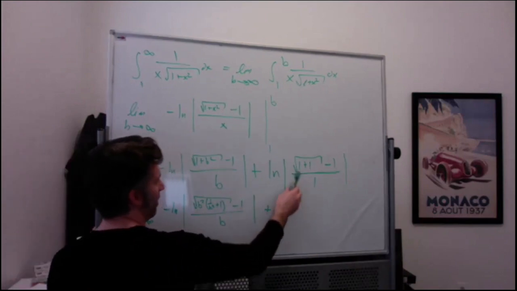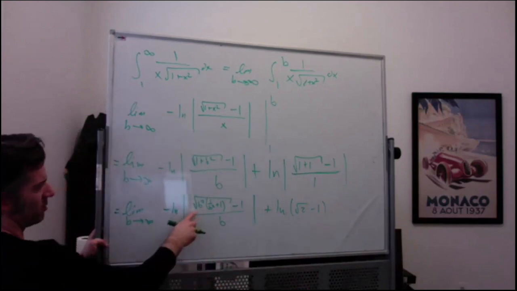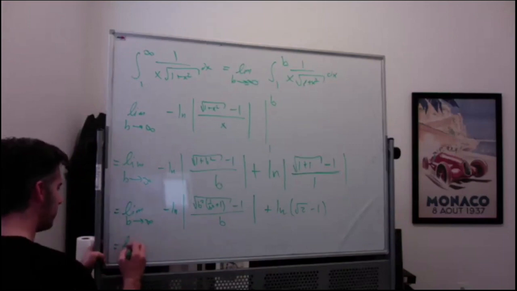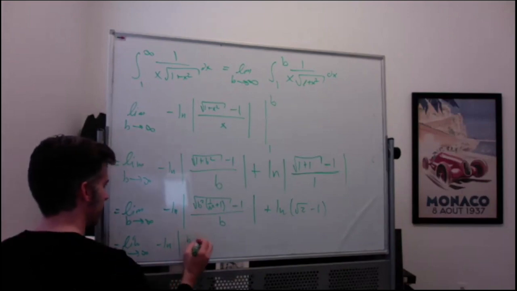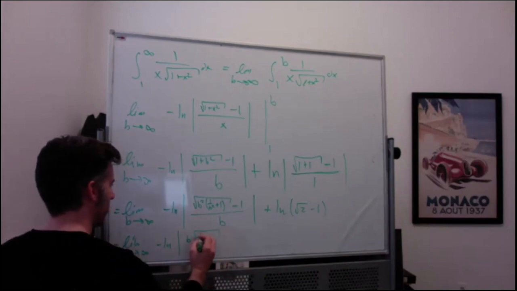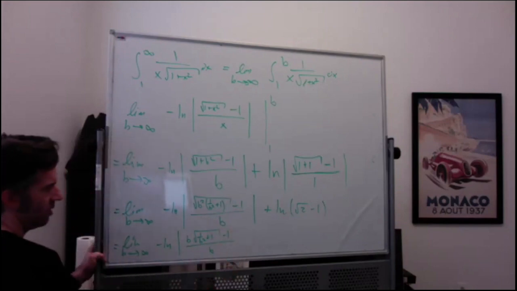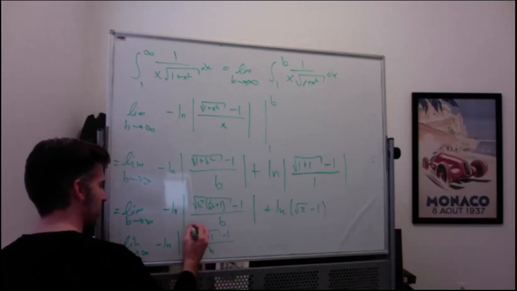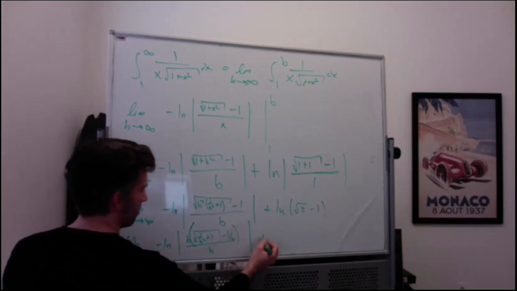Plus the natural log of the square root of 2 minus 1. And then here, I'm just going to deal with this here so I can kind of fix it. Limit as b goes to infinity, negative natural log. Square root of b squared is just b. So you get b times the square root of 1 over b squared plus 1, minus 1 over b. I guess I should have factored out a b from here too. So I can write this as b times all that.